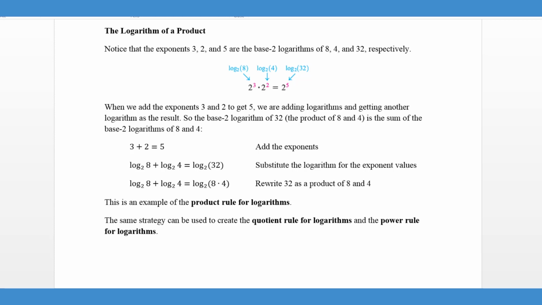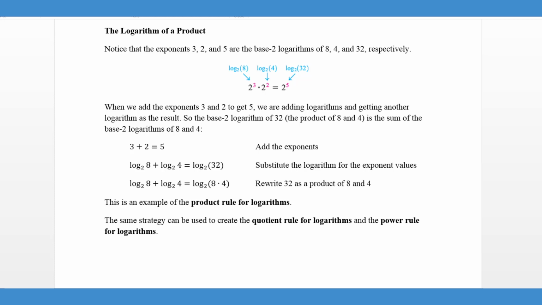Now, let's take a little further look at this. If you look here at 3 plus 2 equals 5, the log that represents the 3, the log that represents the 2, and the 5 could be substituted in for those exponential values, since we know log base 2 of 8 equals 3. Since we substitute those in, we have this log statement here.